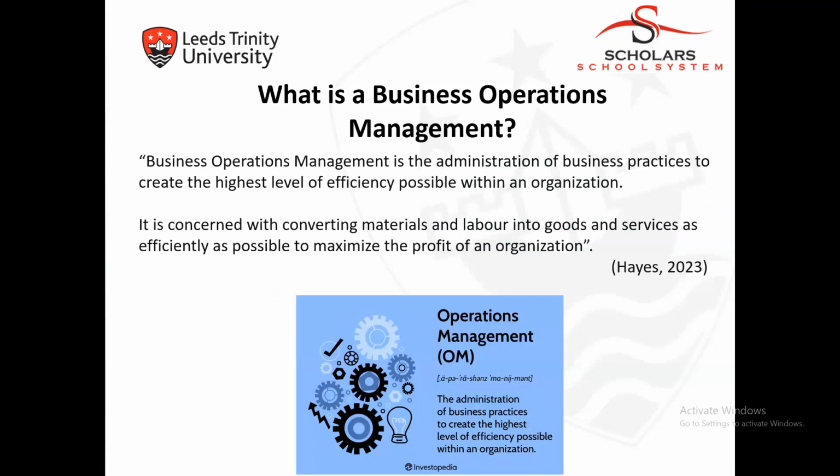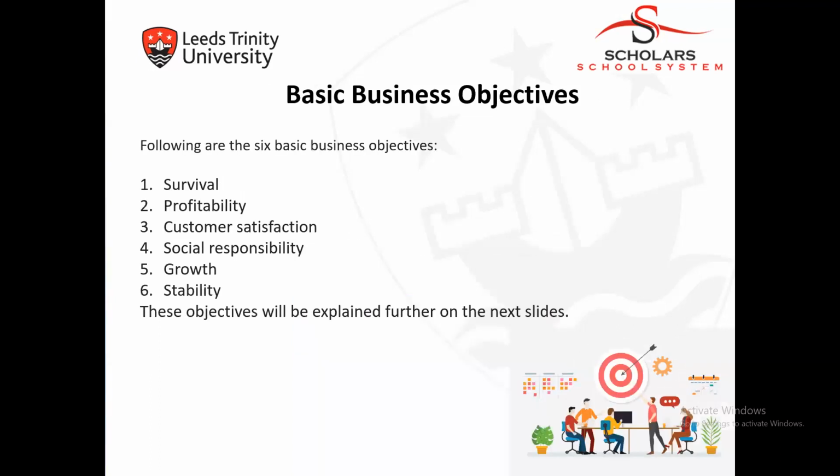So we studied basically that business operations management is the administration of business practices to create the highest level of efficiency possible within an organization, and that it is concerned with converting material and labor into goods and services as efficiently as possible to maximize the profit of an organization. So we discussed some definitions like these and tried to understand them during the entire lecture.